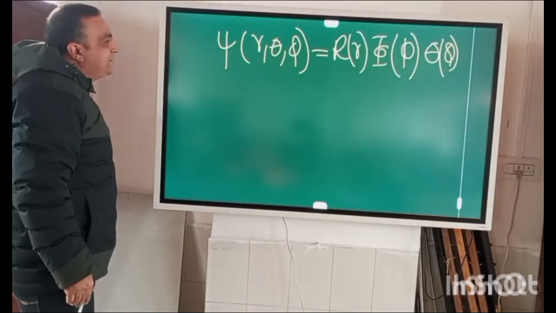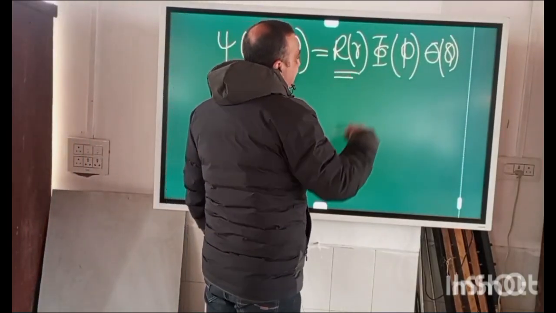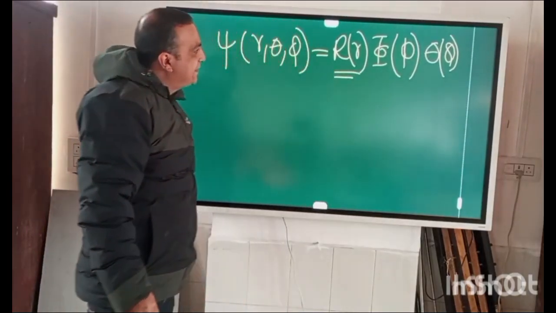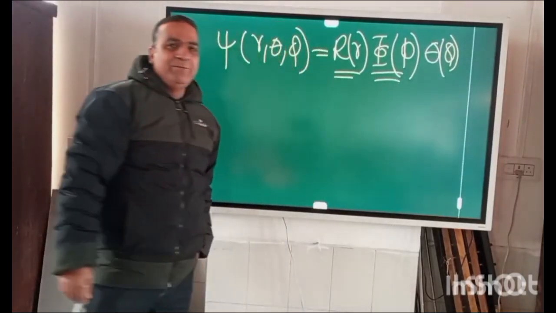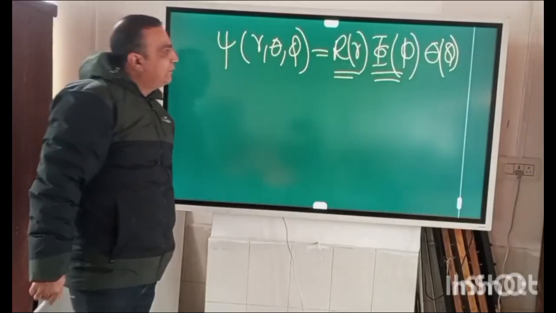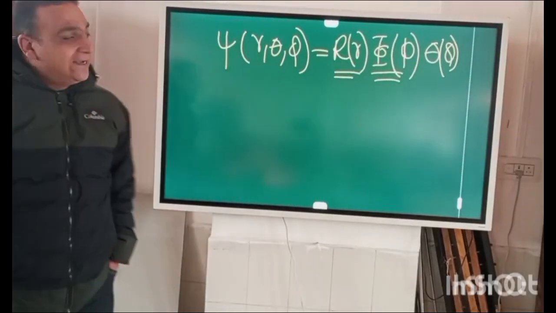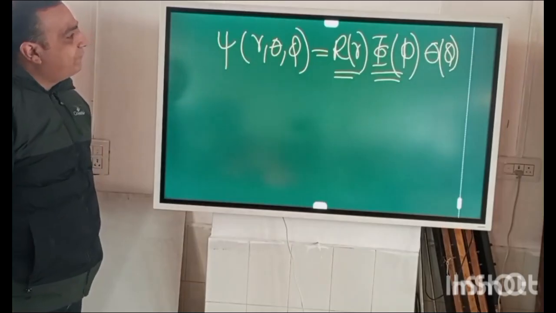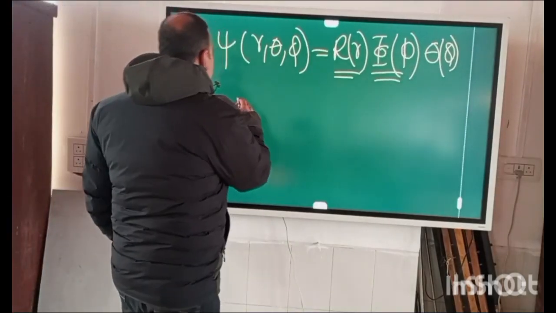And it was presumed that R of r is independent of Phi and Theta. It was presumed that Phi of phi is independent of the other two functions in this equation. And we obtained the solutions.